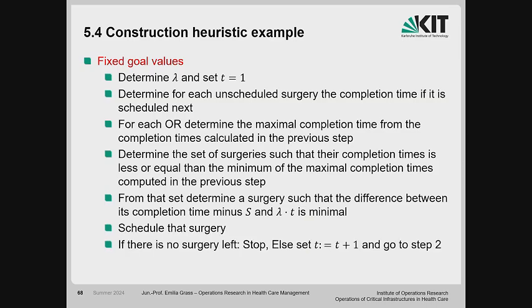Schedule the surgery, and if there's no other surgery left, then stop. Otherwise, start with the second step again. So this heuristic aims to evenly distribute surgeries across available slots, okay, by calculating this lambda and trying to be as near as possible to this lambda so that we have an efficient scheduling process.